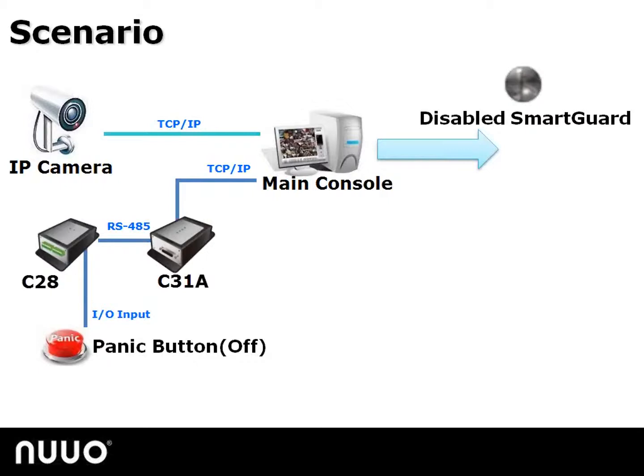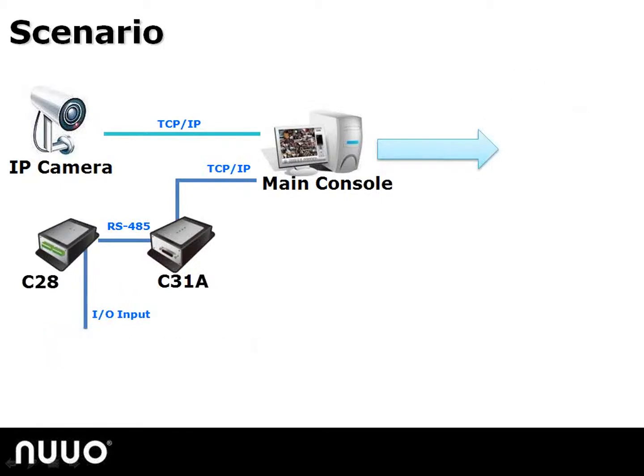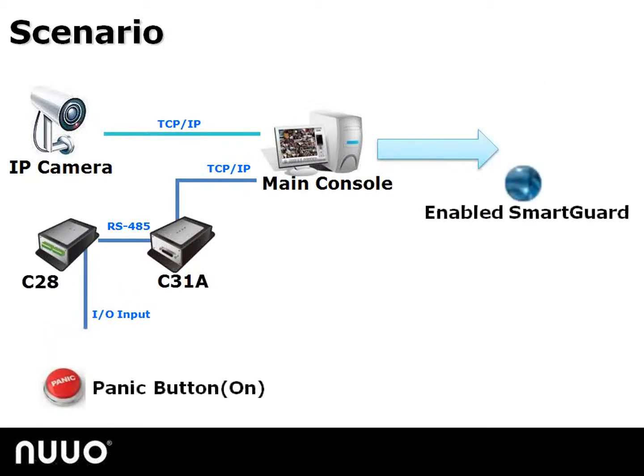In this scenario, I will show you how to do that. When there is no I/O input signal to the main console, the main console will disable the Smart Guard. And if the user presses the panic button, then the main console Smart Guard will be enabled.